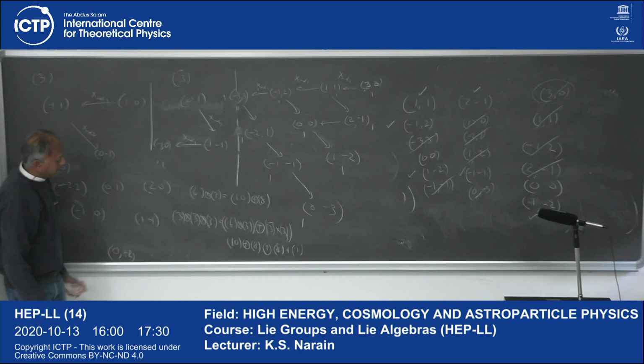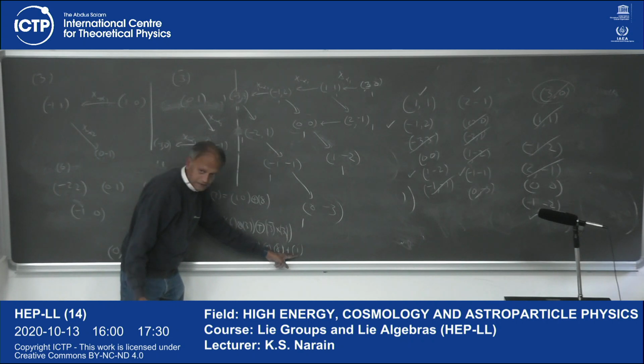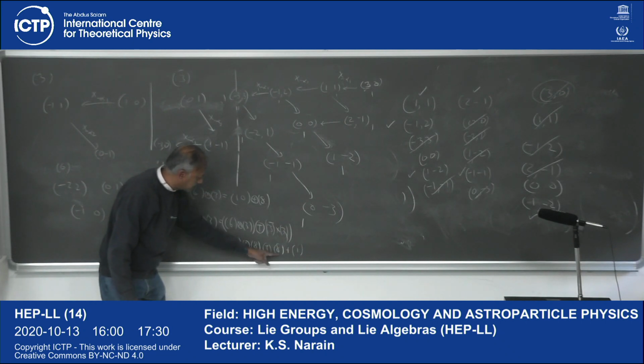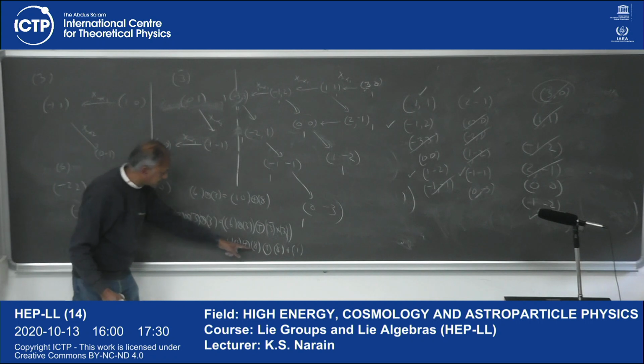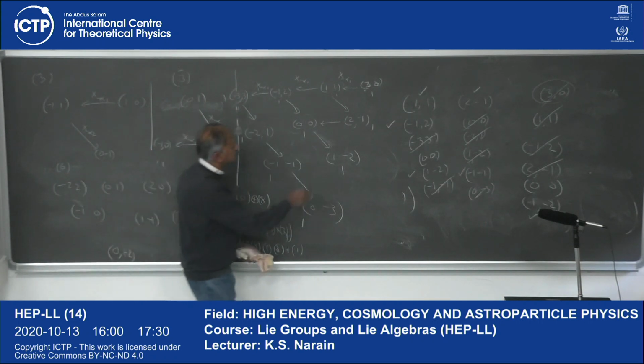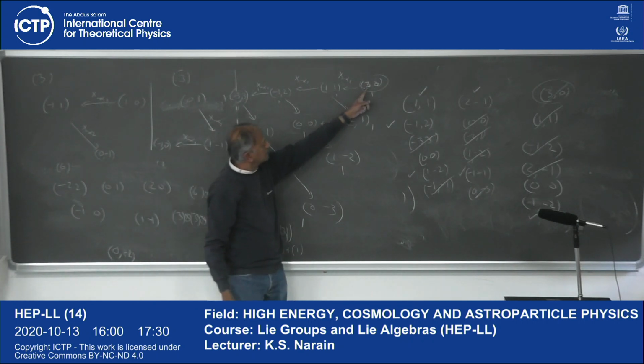And again, you see that the center of the group acts as 1 here, because it's an invariant state. This is the 1-dimensional representation. And these are adjoint representations. We already saw that this center acted as identity here. And the 10-dimensional representation, whose highest weight is 3, 0, it's also clearly, right?